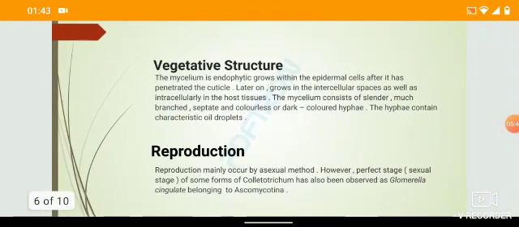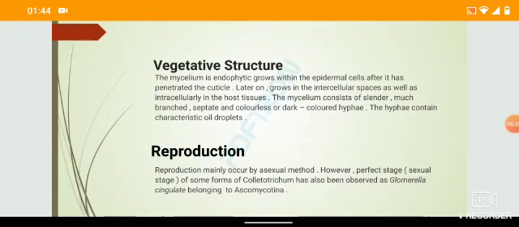Now we'll study the vegetative structure. As I've told you, this lives as a parasite on the host. The mycelium of the fungus grows within the epidermal cells.